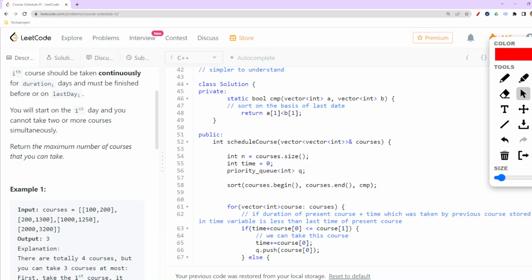First we will start with a Boolean comparator so that we could sort it easily. Why are we required to have a custom comparator?